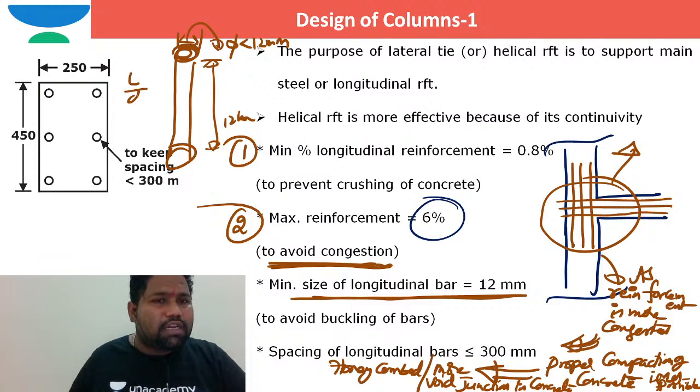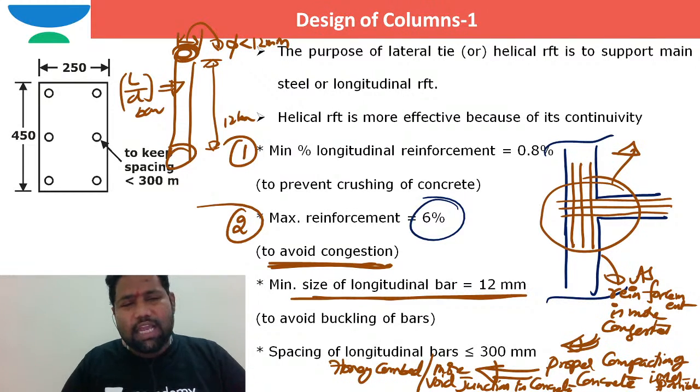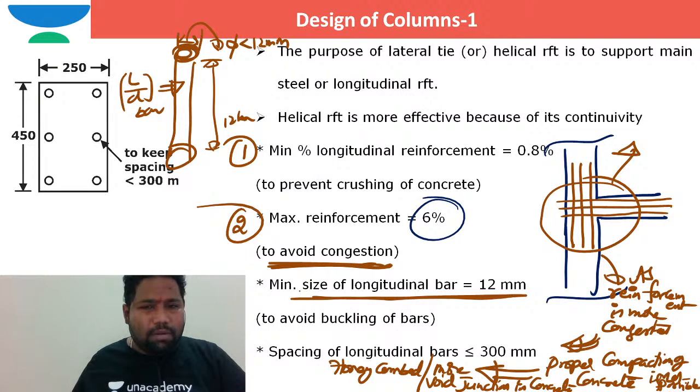That is, the slenderness ratio of the bar has increased. So there is a chance of local buckling of the reinforcing bars. In order to stop such things, the code has asked us to provide the minimum diameter size.